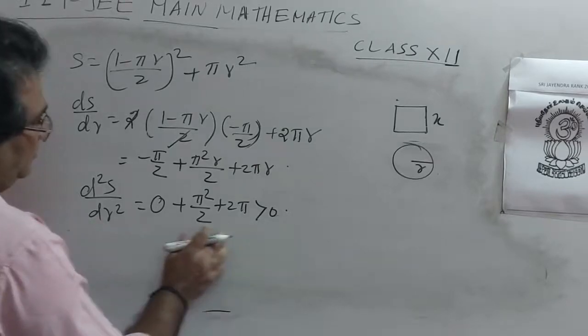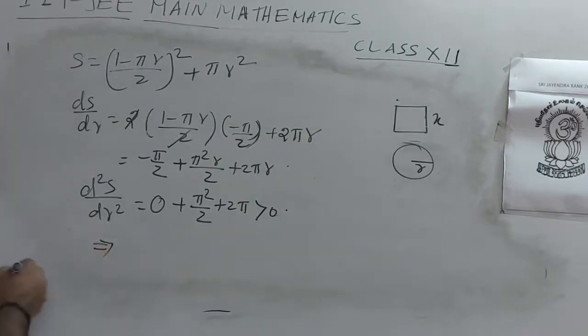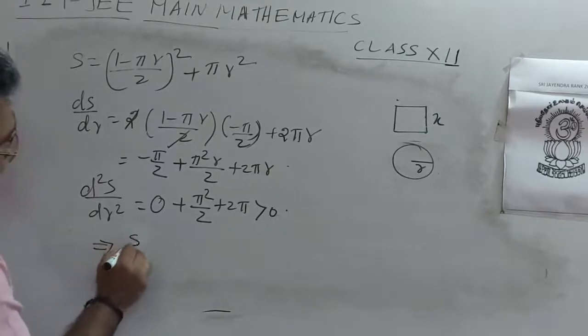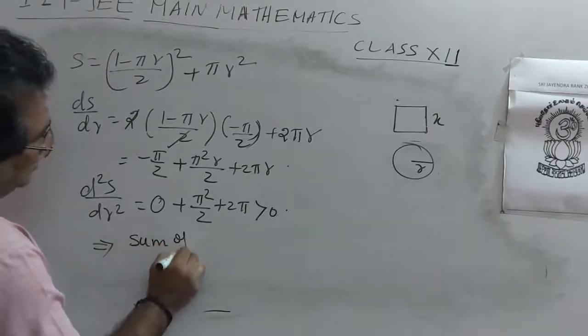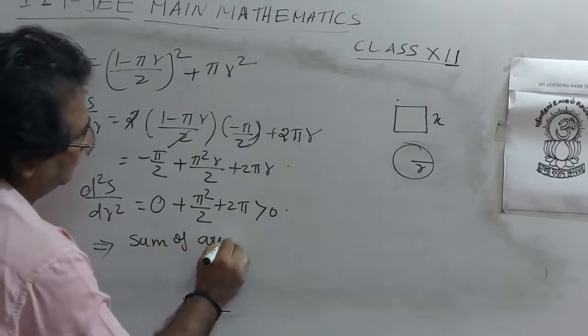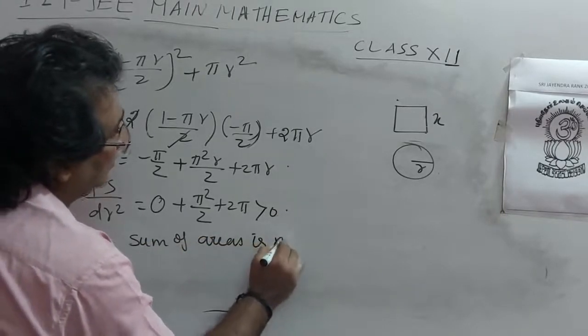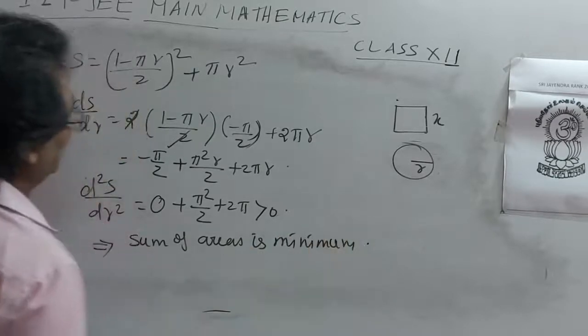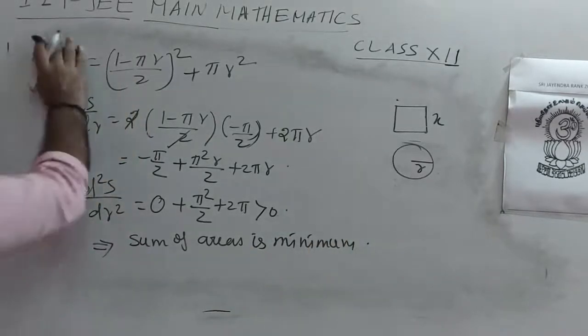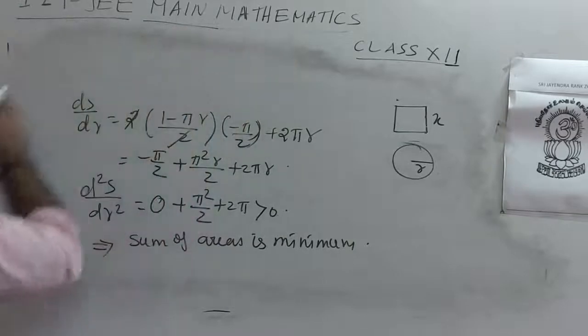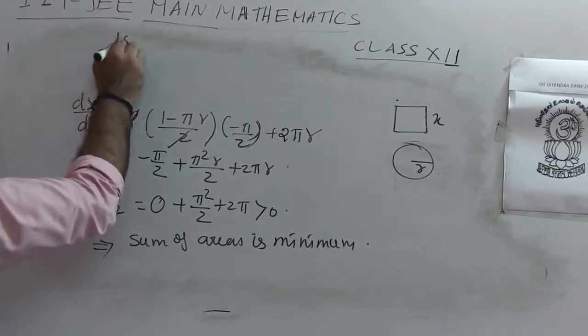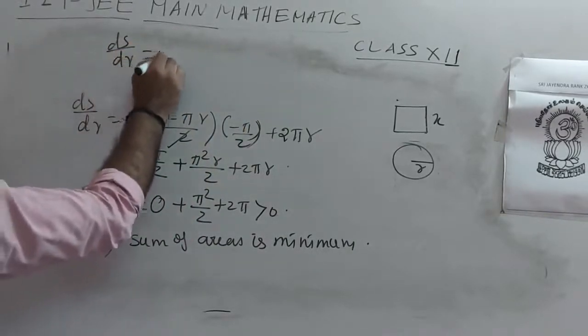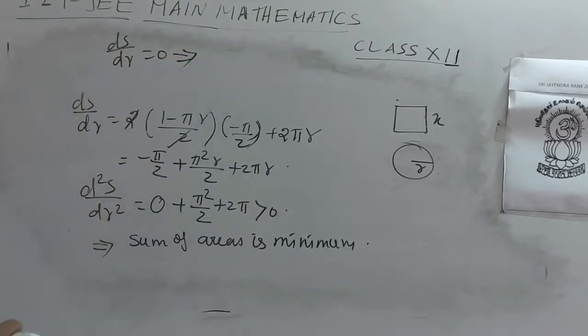Since the second derivative is positive, the sum of areas is minimum. So dS by dr equal to 0. For extreme values, the first derivative should be equal to 0.